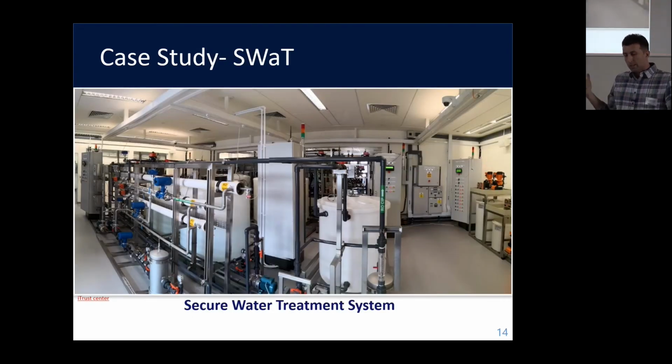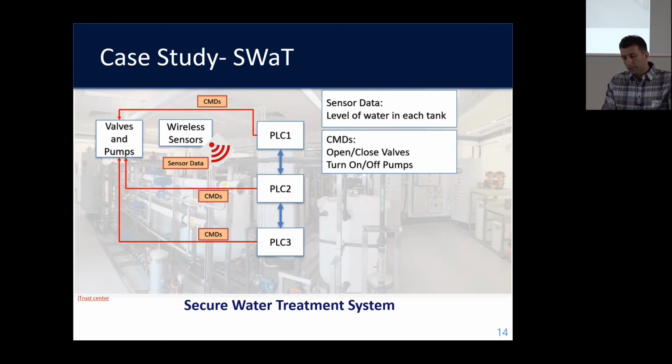Yes, this case study is placed in iTrust in Singapore and has different valves, pumps, and water tanks. In the PLC cabinet, we have different PLCs controlling the water level of each tank. And each water tank has one sensor that reports the level of the water to the PLC.